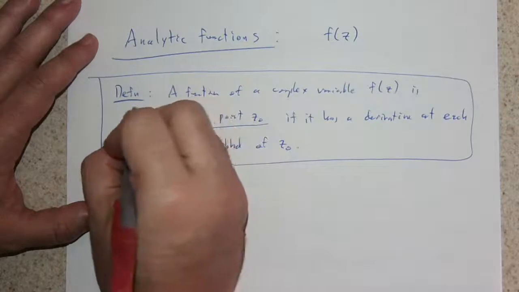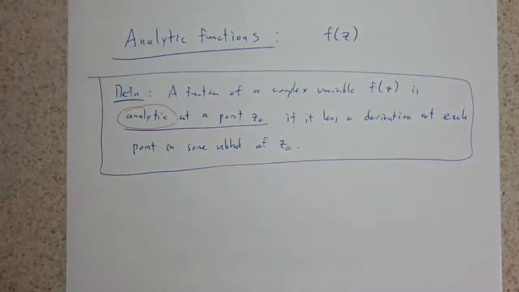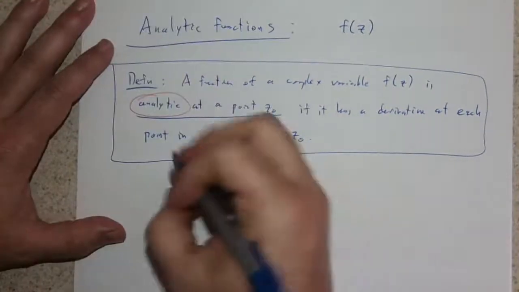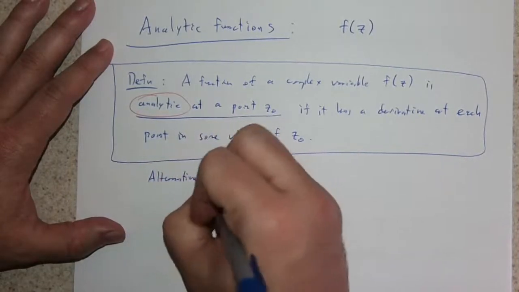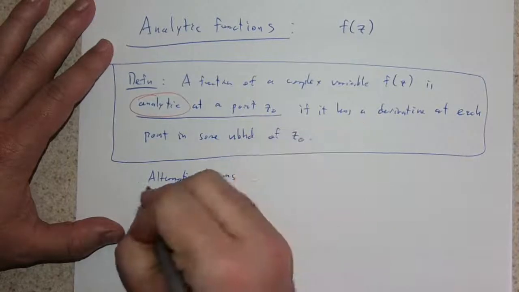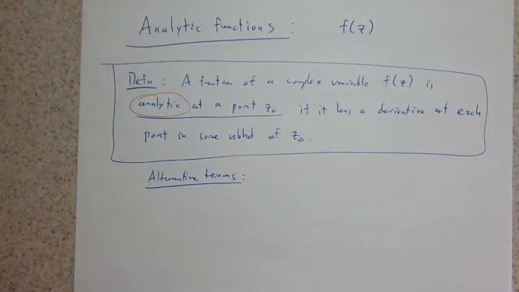Now we have alternative words that can be used to describe this. So alternative terms. And it's actually important to make note of these alternative terms, because if you're doing any reading about complex analysis, these are used entirely interchangeably. The fact that they're interchangeable is actually amazing once you see what these things are actually equivalent to for complex valued functions.